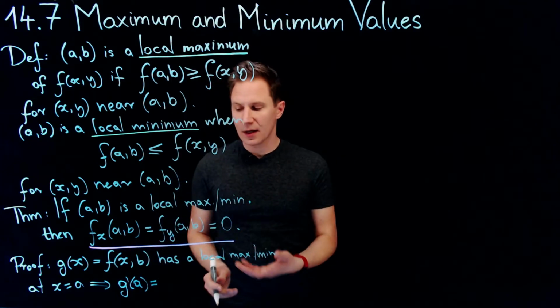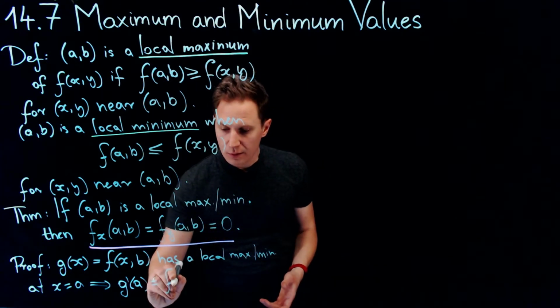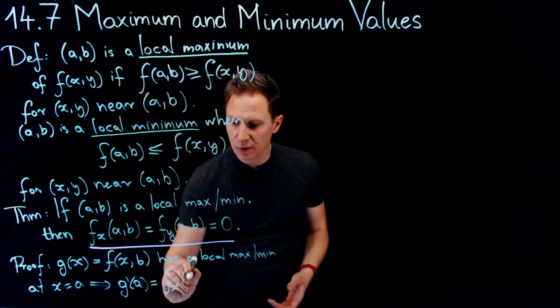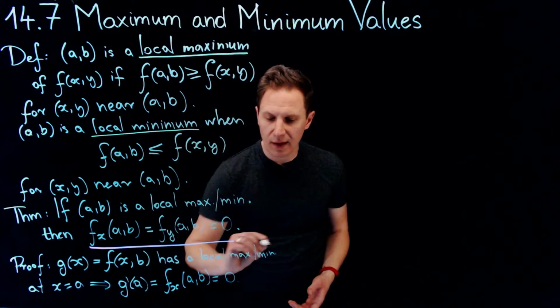But what is that derivative of g at a? Well, it's the partial derivative of f with respect to x at (a, b). That has to be 0.